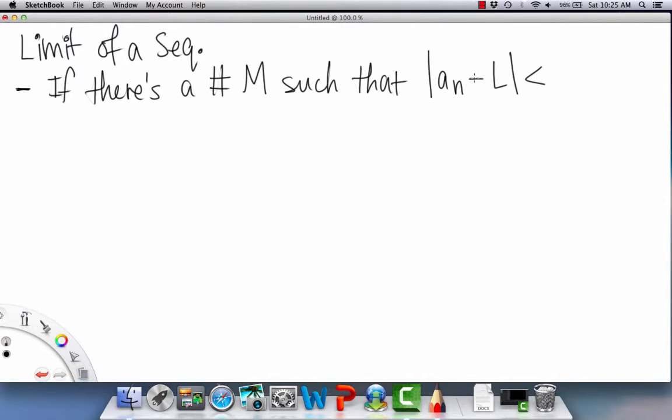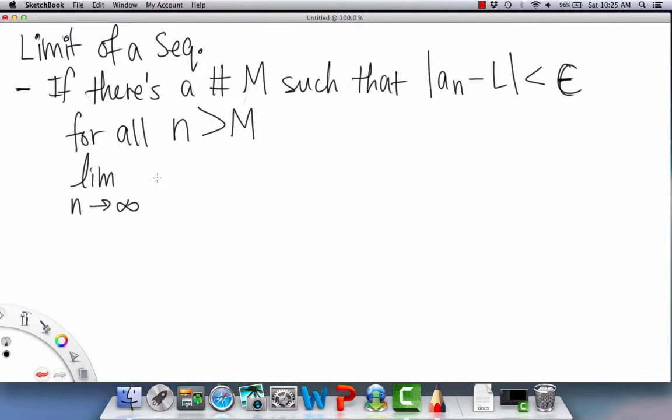The absolute value of a_n, the nth term, minus L, is less than epsilon, for all n greater than this big M. This is the same big M, right? Then we have the limit as n goes to infinity of a_n, this is our sequence, equals L.